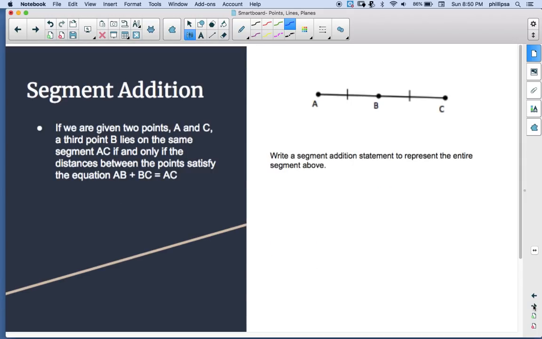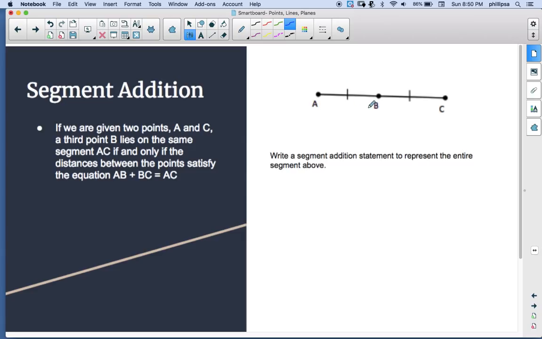Okay, so segment addition is something that we'll talk about. It's kind of self-explanatory, and it's used, but again, it's not something that we're going to spend a lot of time on, because it's pretty easy for you guys to pick up on.